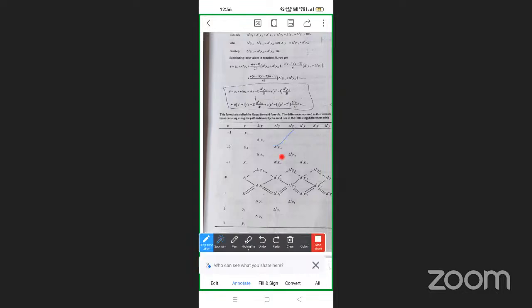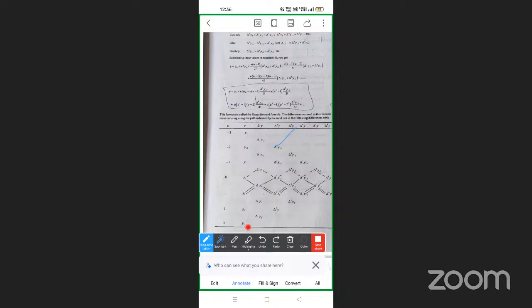The table: 0, -1, -2, -3, 1, 2, 3. So this is y naught, y minus 1, y minus 2, y minus 3, with the u values and the corresponding y values: y minus 3, y minus 2, y minus 1, y naught, y1, y2, y3.